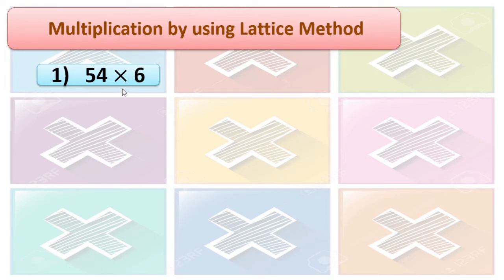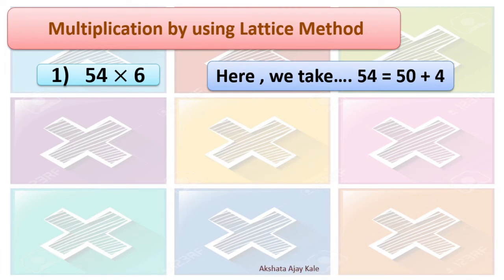Now, see here, we will take 54, we will split this 54 into 50 and 4. Or we can write the expanded form of 54, that is 50 plus 4.